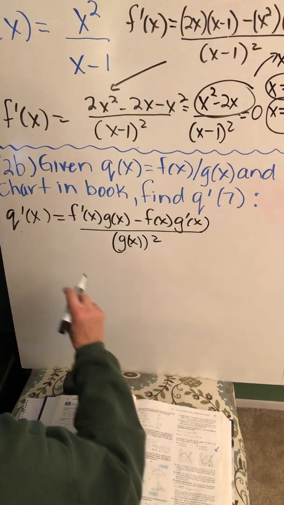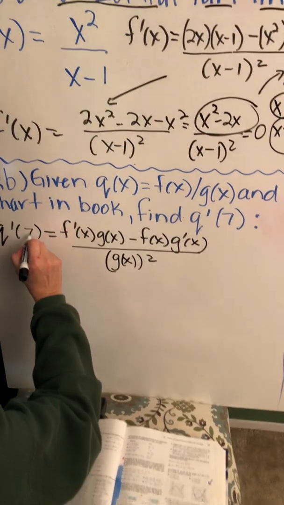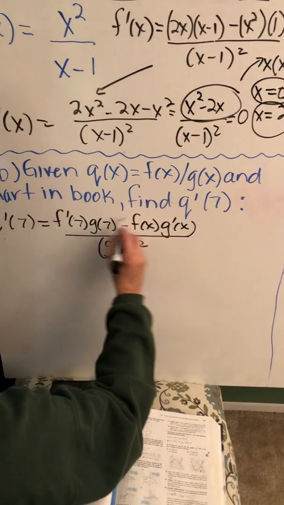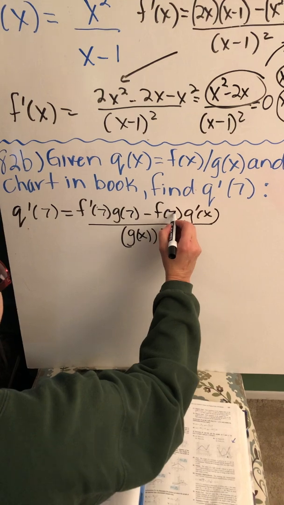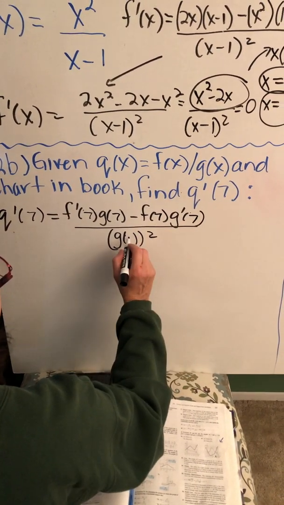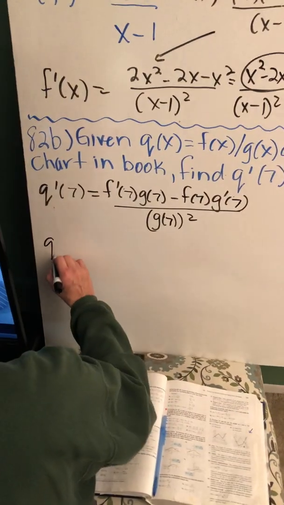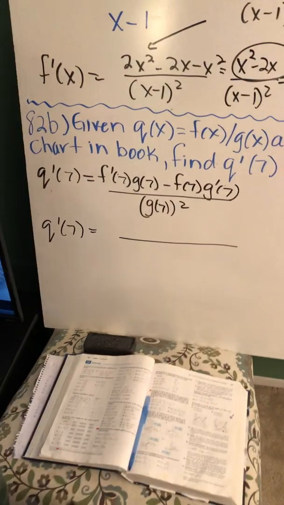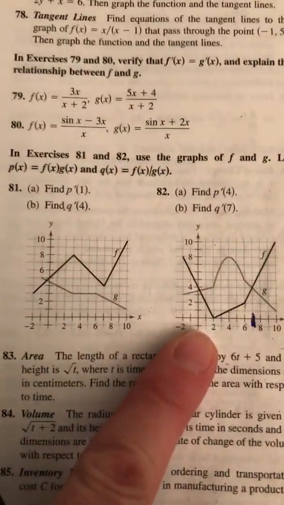They're telling me that x is 7. I am going to put a 7 into each one of these spots. And then we're going to go to the chart in the book and find the information that we need. Step by step. Here we go. This is the chart.